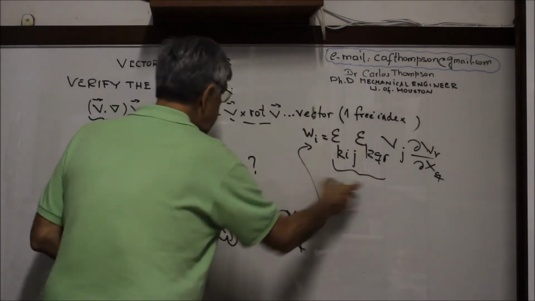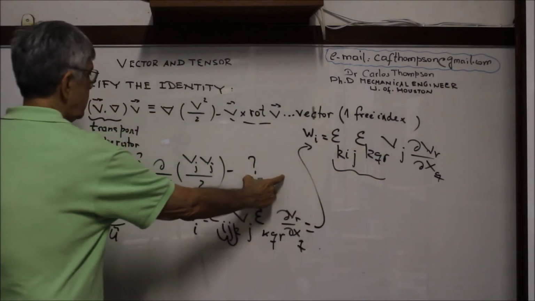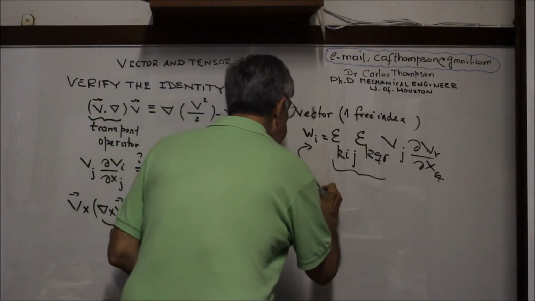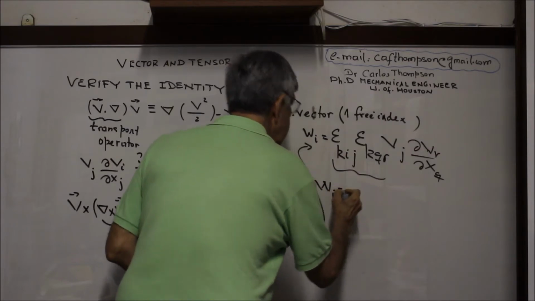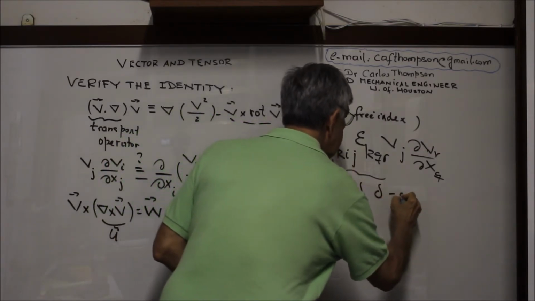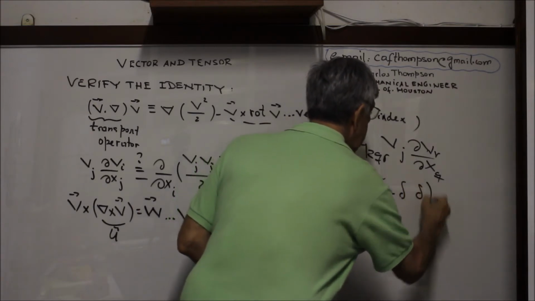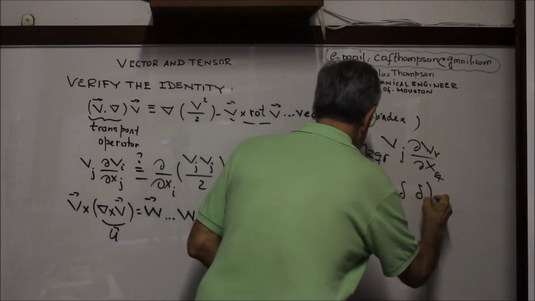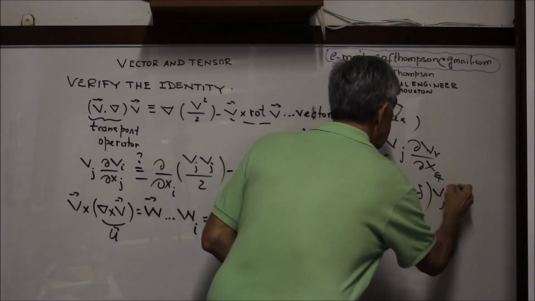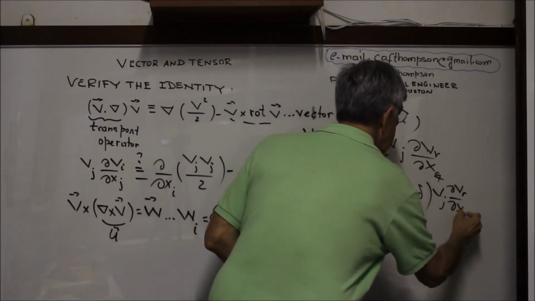I need this just to plug here. Now WI is equal to what I said: delta, delta, minus delta, delta. Now, Vj, let's put Vj partial of Vr with respect to xq.